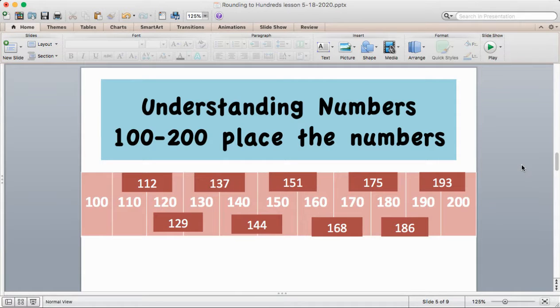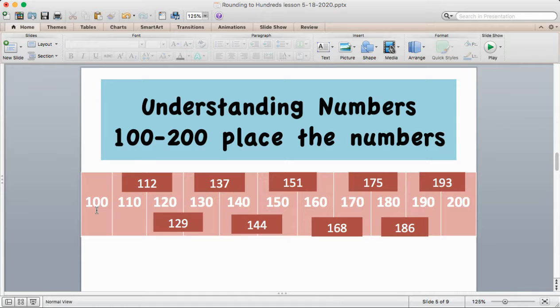Understanding numbers 100 to 200 and placing them in the correct order. So on this number line, similar to the game board previous, we have 100 as our anchor, 150 as our center, and 200 as our other anchor. If we're placing our numbers in between, we're not really rounding, we're just knowing where to place our numbers.